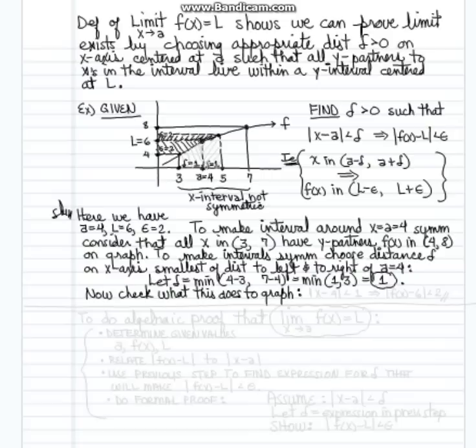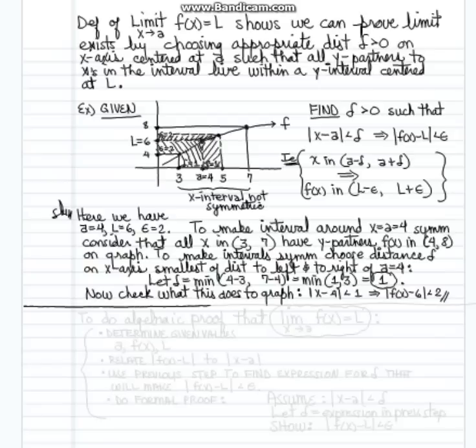Okay, and all the x values that live on that x interval between 3 and 5, that's 1 unit to the left, 1 unit to the right of a equals 4, all those values in that symmetric interval, they partner with y values that live within the y interval of 4 to 8. So we found a good choice for our delta.